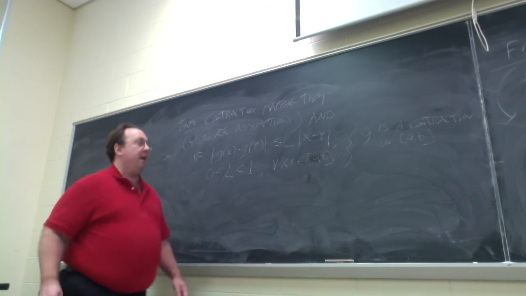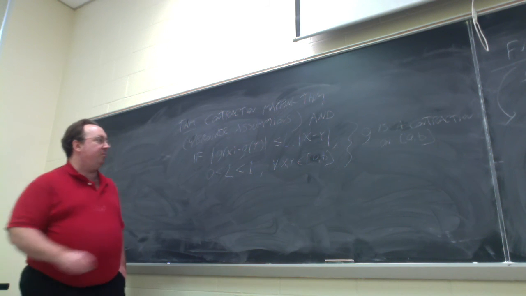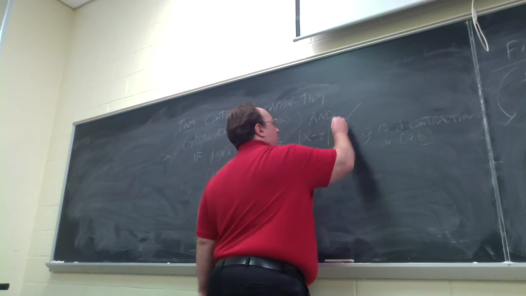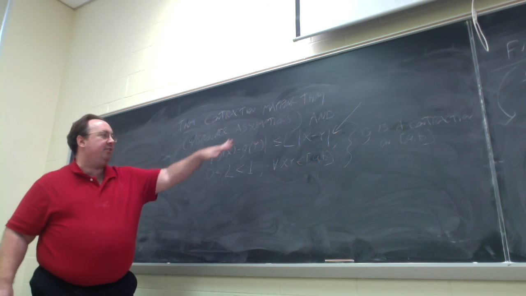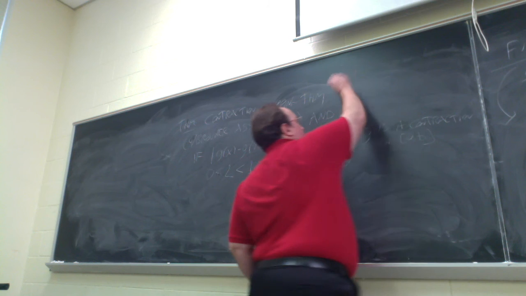Okay. So if all this holds, we say that g is a contraction on the interval [a,b]. Now, I should mention just this line right here about |g(x) - g(y)| less than or equal to L times |x - y|. This is an important concept.